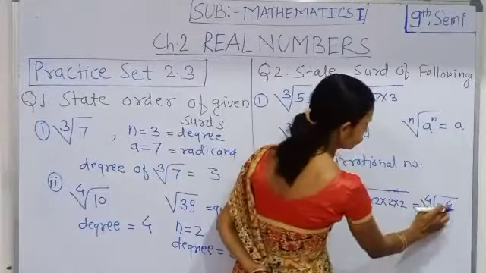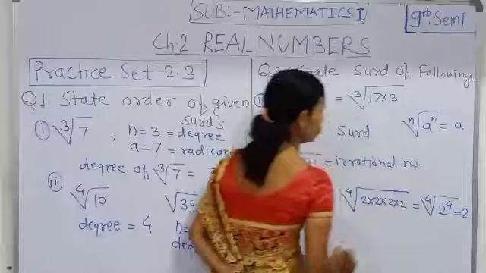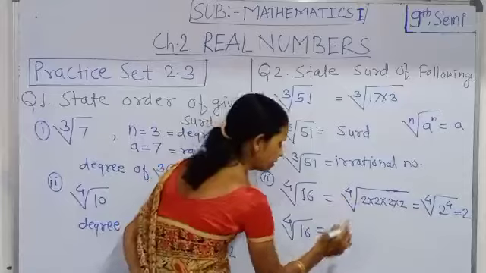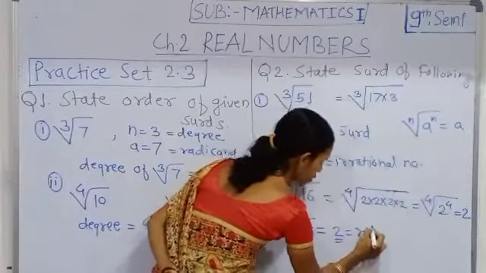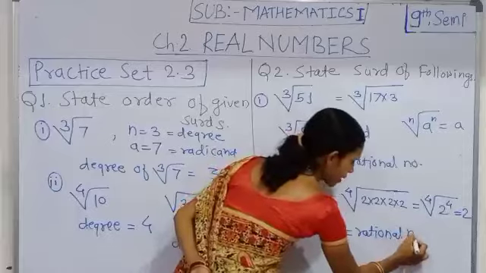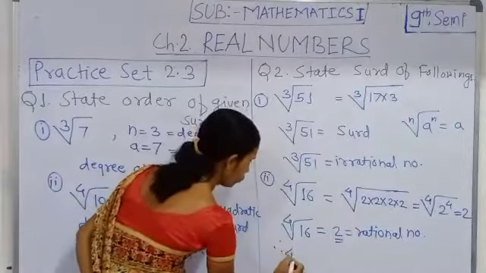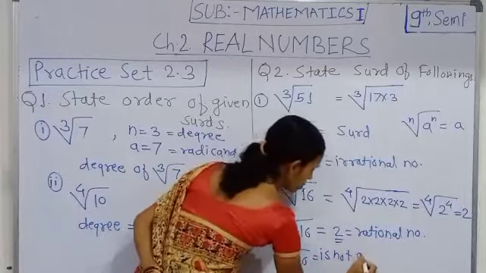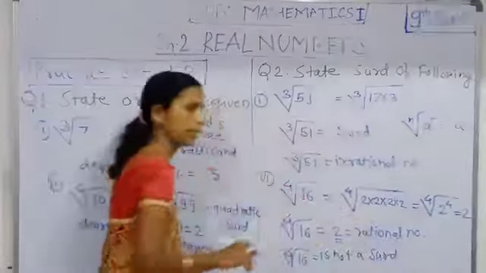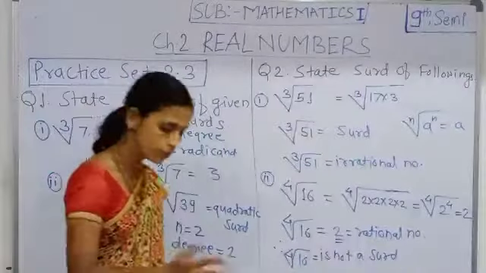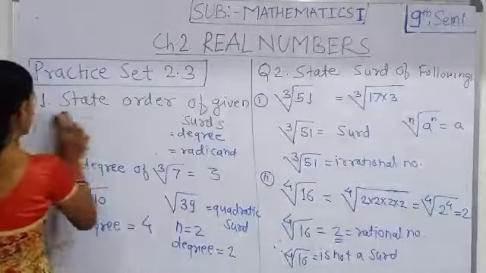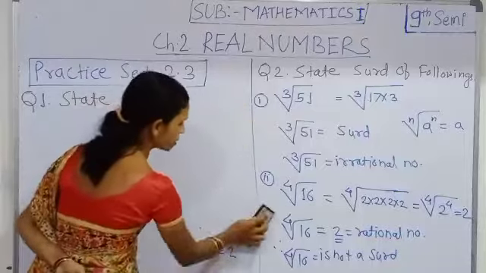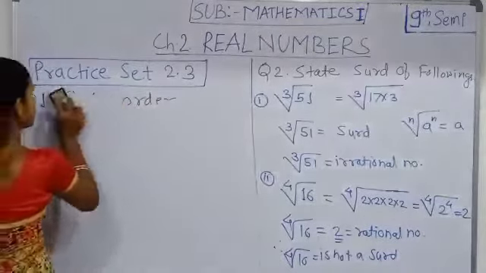Similarly the fourth root of 2 raised to 4 is 2. That means the value of the fourth root of 16 is 2, which is a rational number. Therefore the fourth root of 16 is not a surd. Similarly, we can find out whether the other examples given in question number 2 are surds or not.